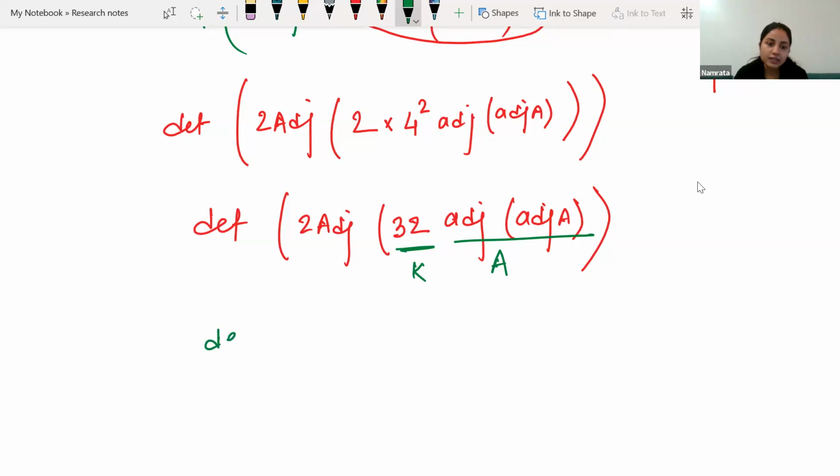So we can write determinant of 2, and here adjoint of K times A can be written as K to the power n minus 1. That means 32 to the power, or if this property will work or not, let me check.